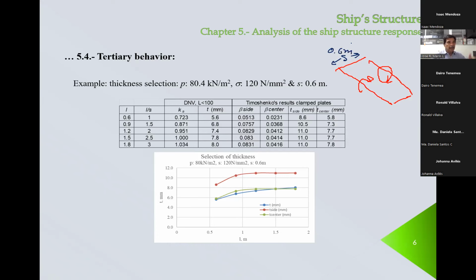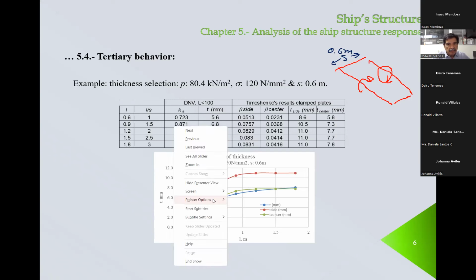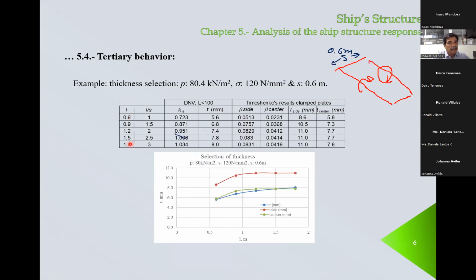So this is a typical value. And then I just changed the value of the spacing in the other direction. This is L. So S is the spacing between stiffeners and L is the spacing between girders. So I go up until 3 times that.